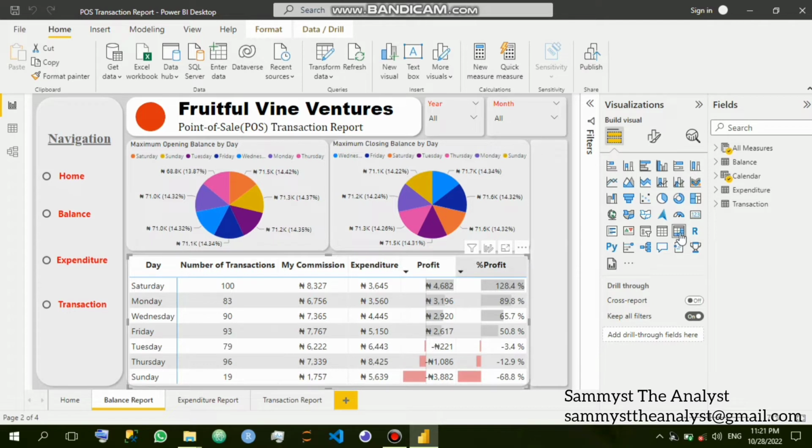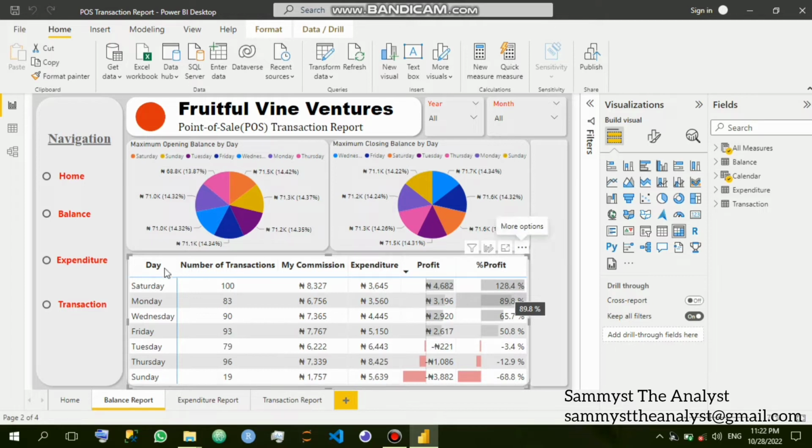When we clicked on it, you can see here, this is a matrix table that shows the days of the week and the number of transactions done for each day, and then the commission that was gotten for each day, the expenditures incurred, the profits that were made, and also the percentage profits that was made.